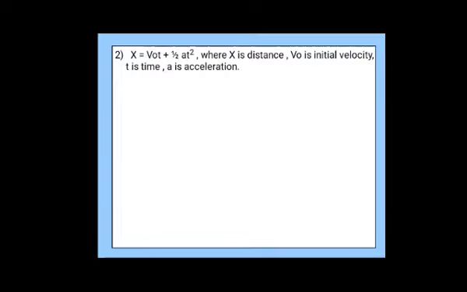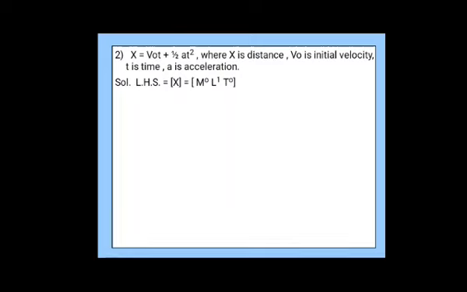Let us take the second one. Second one is x is equal to V naught t plus half A t square. X is distance, V naught is velocity, t is time, A is acceleration. Now first we have to take the LHS part. What is the LHS part?